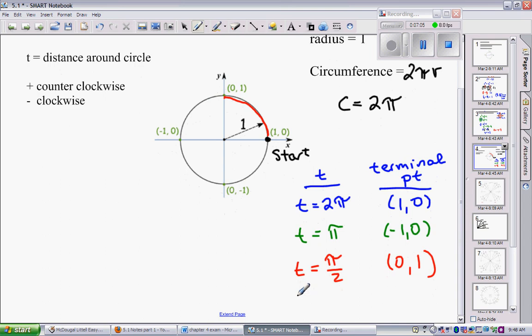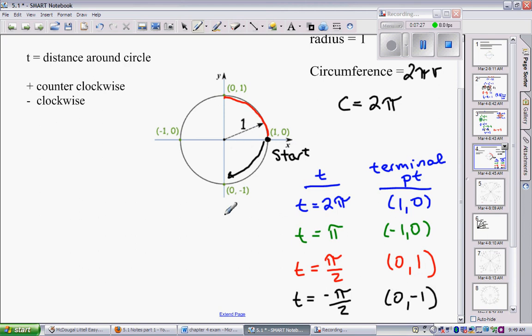Let's go in the negative direction. Let's go a negative pi over 2. So for negative pi over 2, we are now going clockwise. And that's really only a quarter, so we end up at (0, -1).